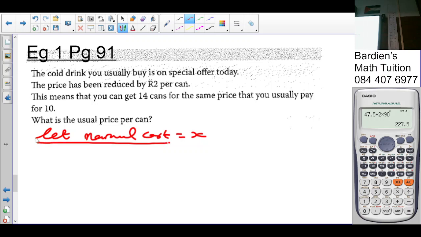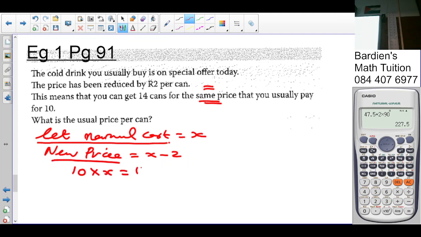So if the normal cost is x, then the new price, the reduced price, is x minus 2. This means you can get 14 cans for the same price that you usually pay for 10 cans. So the usual price is x, and for 10 cans it's 10 times x equals 14 cans, which is 14 into x minus 2.